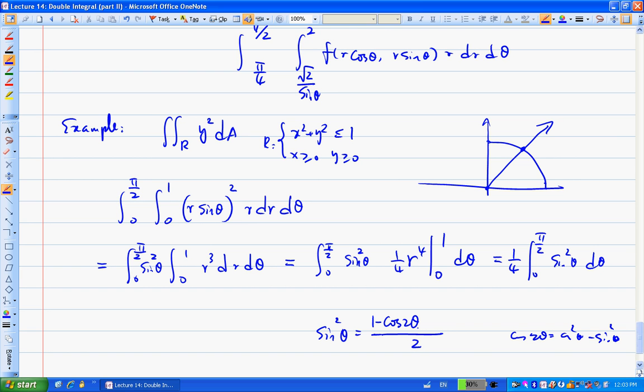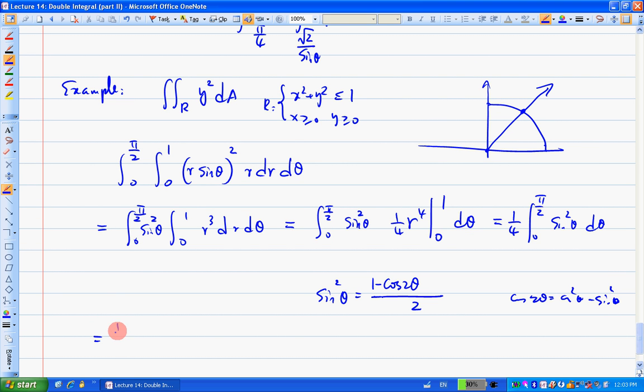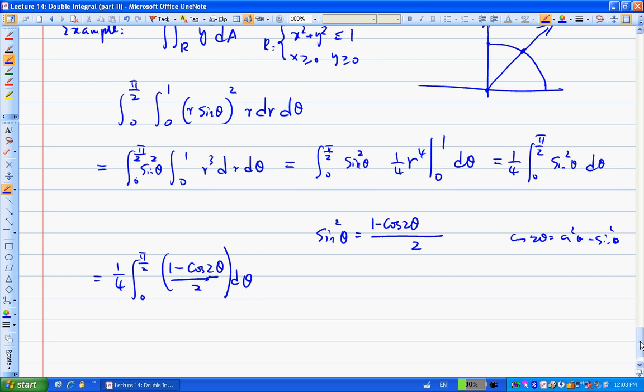Yes, it's 1 minus this. Okay? It's 1 minus this. So we're going to replace this sine theta squared with 1 minus cosine 2 theta over 2 d theta. Okay, d theta. Is that clear here? Yeah.